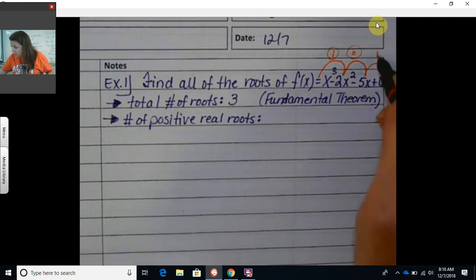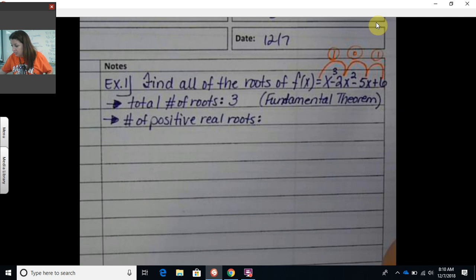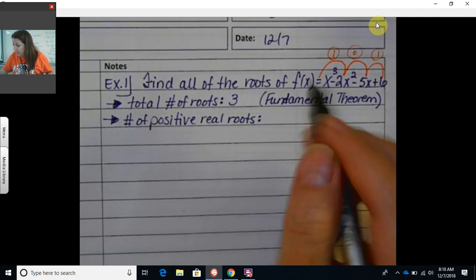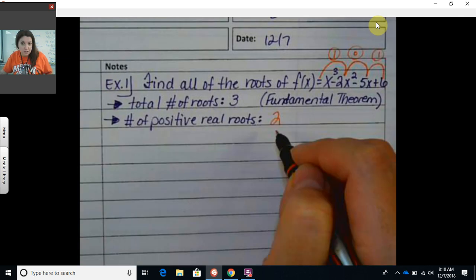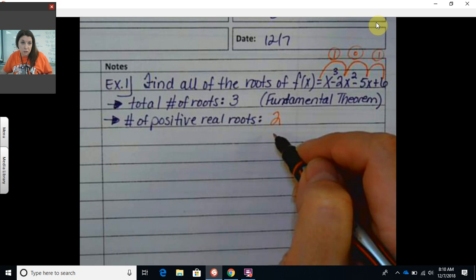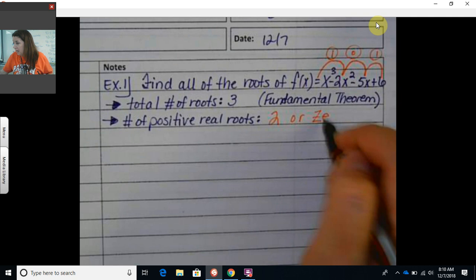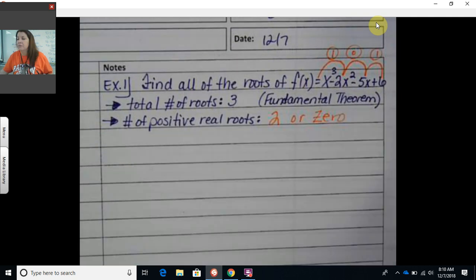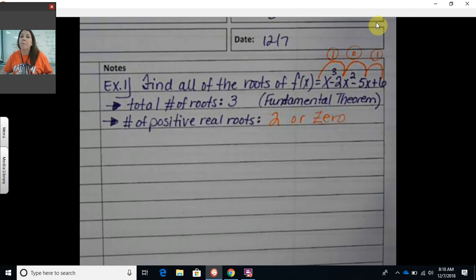So I have 2 sign changes. That means I can have 2 positive real roots, or you reduce that possibility by 2. So I'm either going to have 2 positive real roots, or I will have 0 positive real roots. Okay? Everybody cool with that?